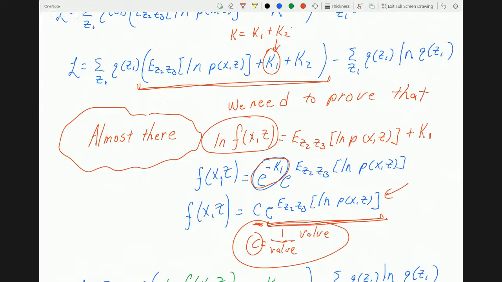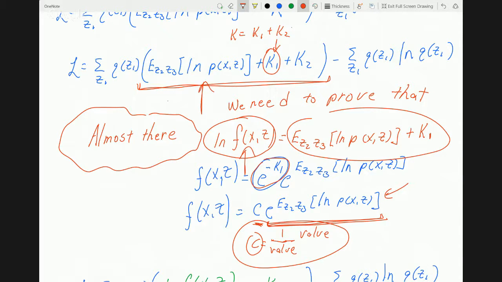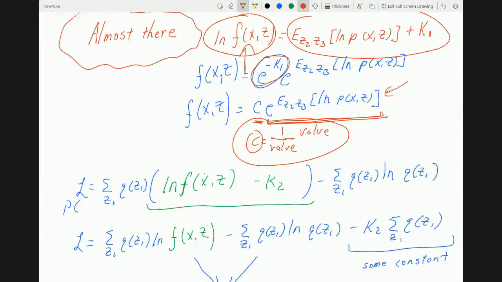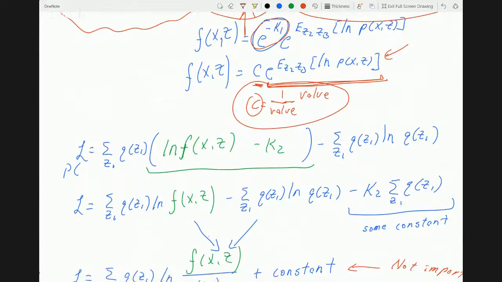Now, if we can make this statement, we can then plug this part in right here. So remember, here's K1 and K2. K1 got absorbed into this function. And this is part 2 over here.